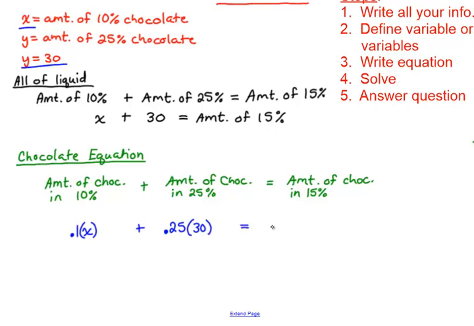Okay, then we have our percentage, which is 0.15, times the amount of 15% solution, and we said that that was equal to x plus 30. So basically what we did is we used the first equation to write our second equation.